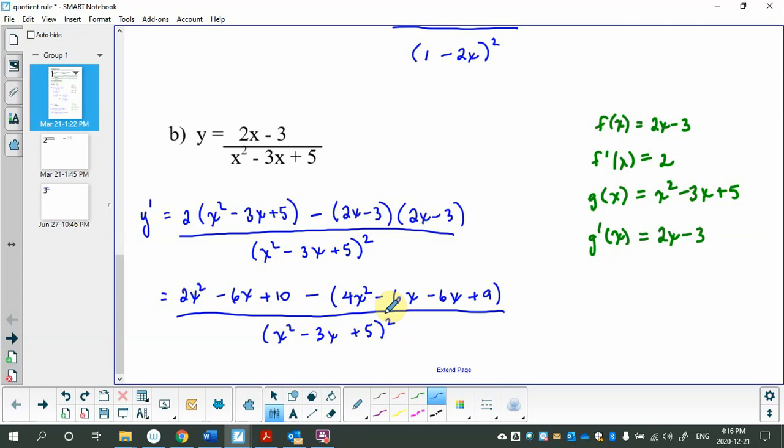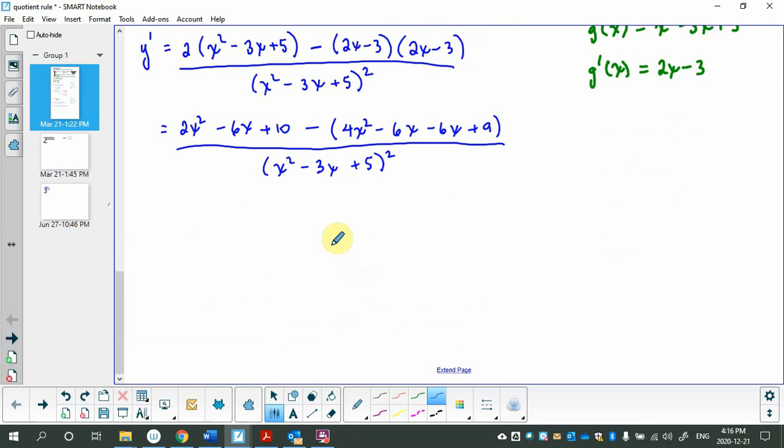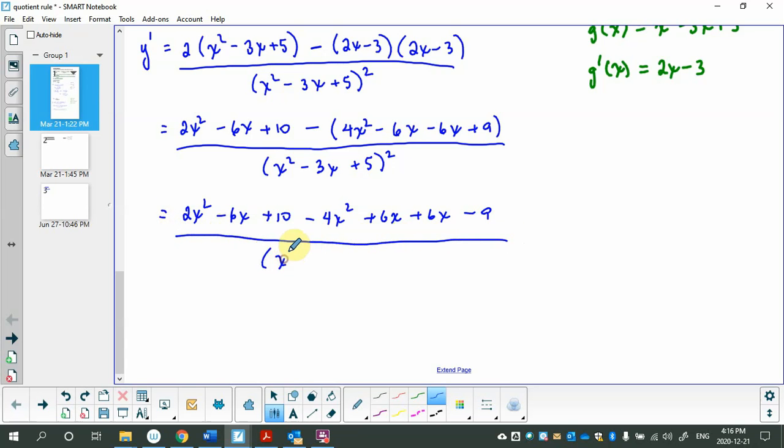So all this could have been done in green, going rogue. But I've decided to do it all at the same time. So 2x squared minus 6x plus 10. Run the negative through, so negative 4x squared, positive 6x, positive 6x, negative 9, all over x squared minus 3x plus 5 squared.